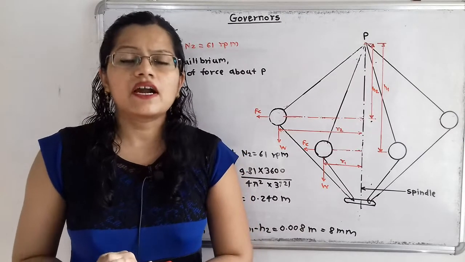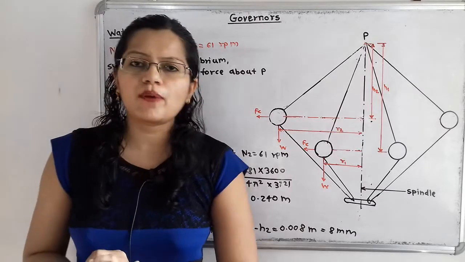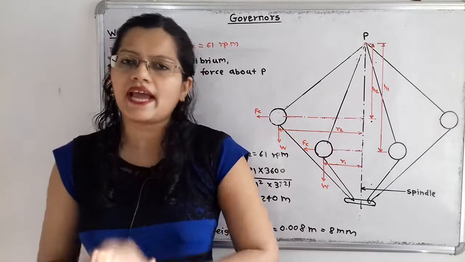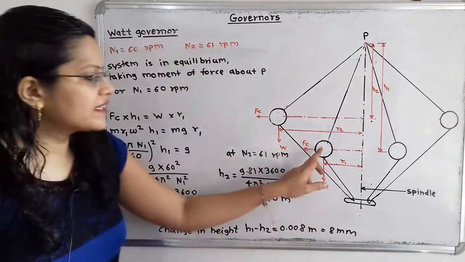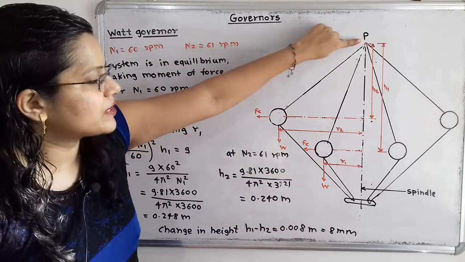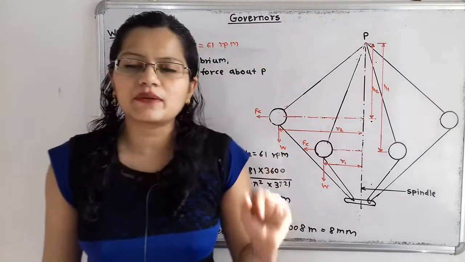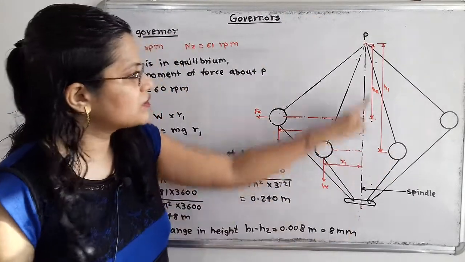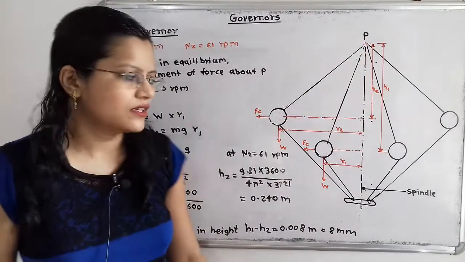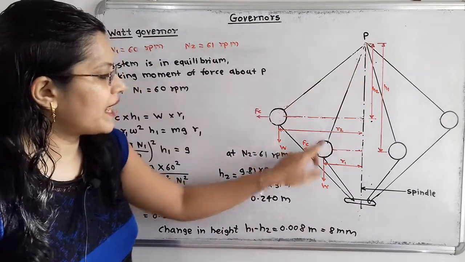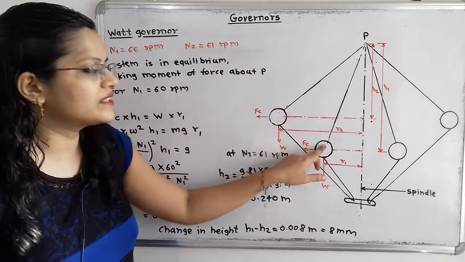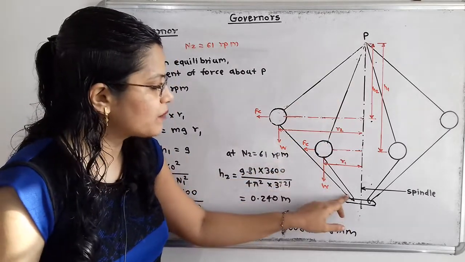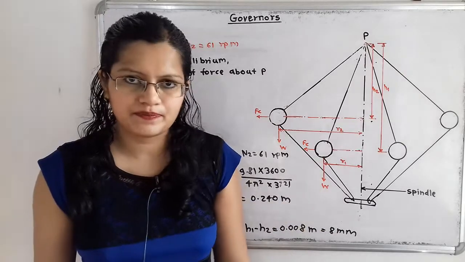Let us first understand the position of the fly balls when the governor is rotating at minimum speed and maximum speed. So here is the diagram. This is the pivoted point, and about it the fly balls are rotating about this vertical spindle axis. The pivoted point P and the fly ball are connected by this arm, and the end point connected to the fly ball is known as the link.